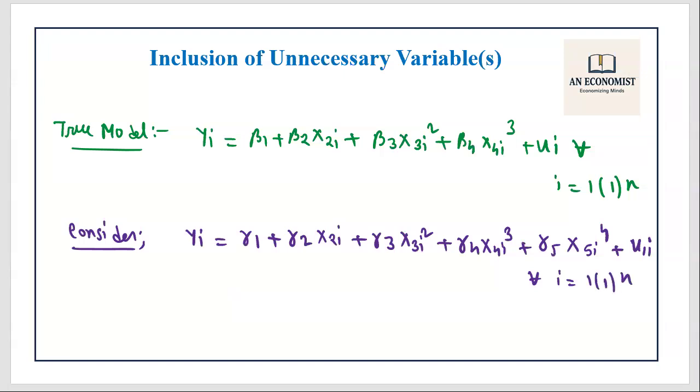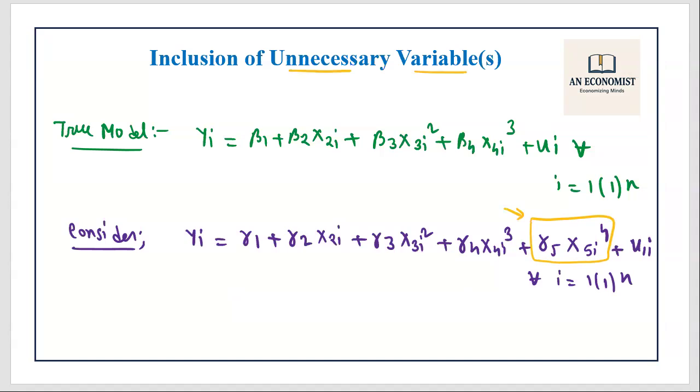Now what you see here is that this x5i is not present in the true model, but you have included it in your model selection. While selecting your model for your research purpose, you have added an unnecessary variable, right?